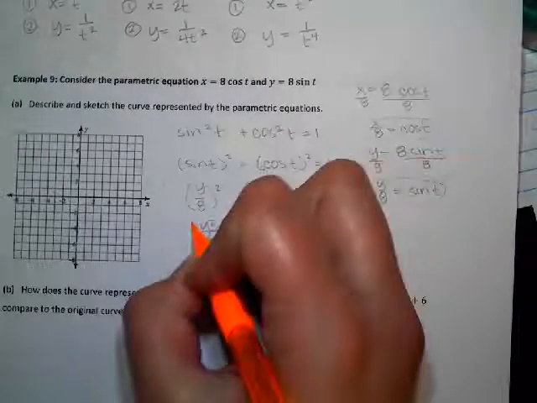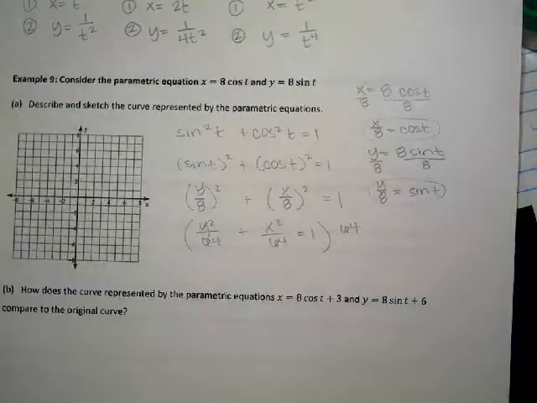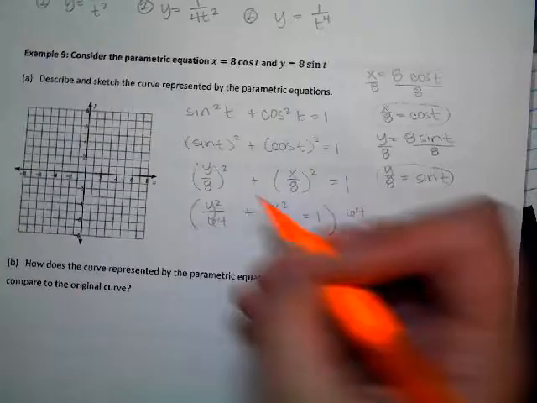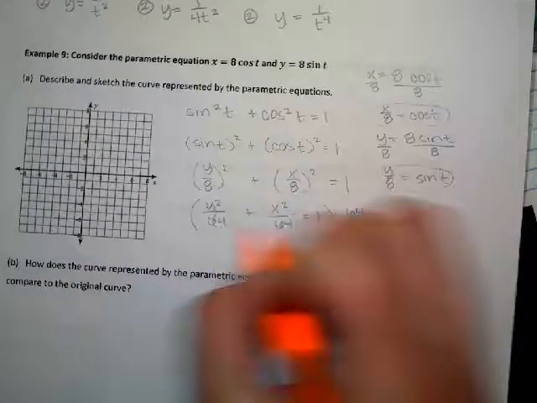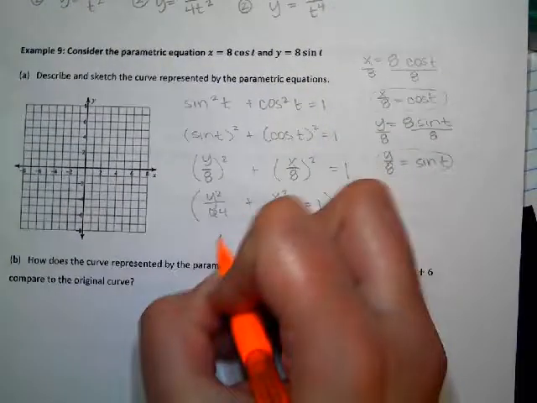So I have y squared plus x squared, but I'm going to switch the order to make it a little bit more recognizable. So I'm going to say x squared plus y squared equals 64.